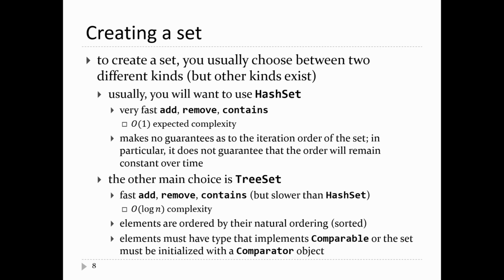If you think about that for a minute, that's kind of surprising. You can make a collection of, say, 1 billion elements, and that set can tell you whether or not it contains an element in constant time. With a list, you'd have to look at all the elements, so it'd be O(n) time. But a HashSet can normally answer that question in constant time.